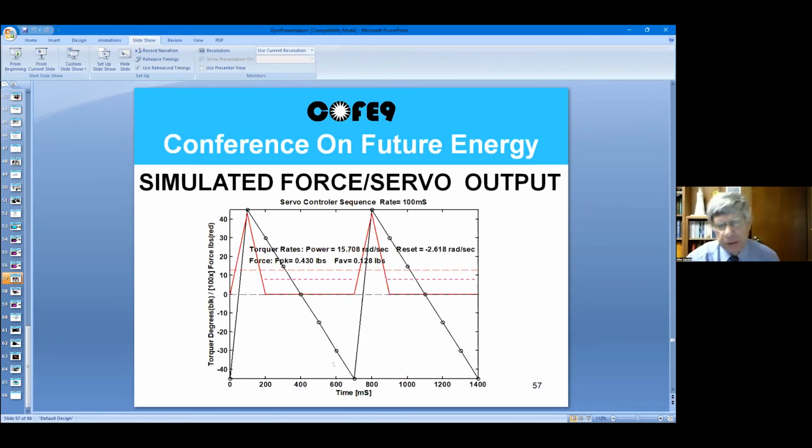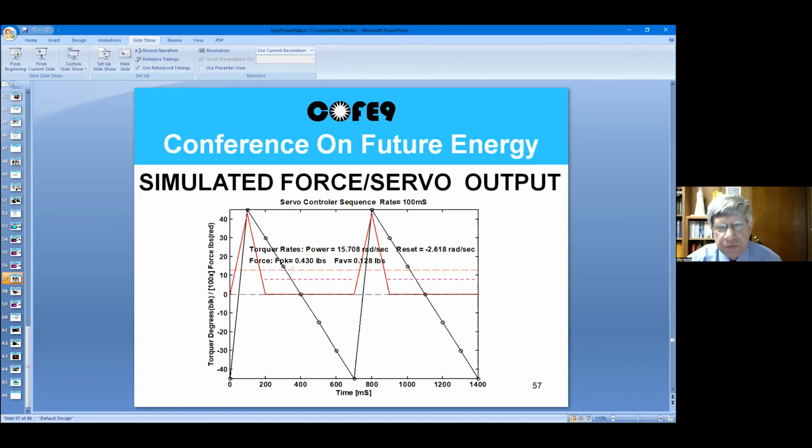And then going back to the simulated servo plot, we now put on the force. So in 100 milliseconds, it goes up to 0.43, and then in 150 milliseconds, it comes back down. However, because of the stepped reset, you get a slight DC offset here.